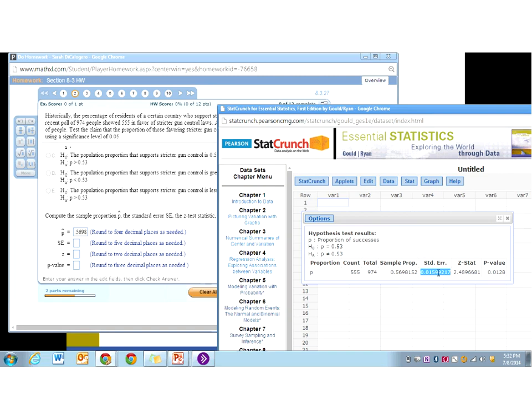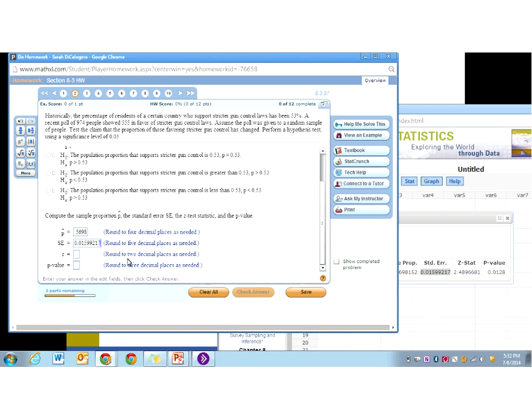You can really cheat because you can just double-click, hit Control-C, and paste it in. My Z, 2 decimal places, is 2.49, and my p-value, 3 decimal places, would be 0.013.